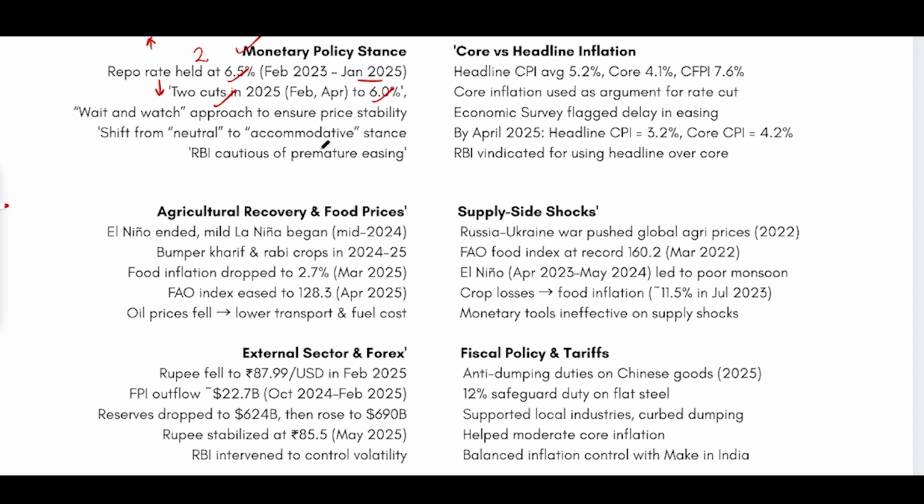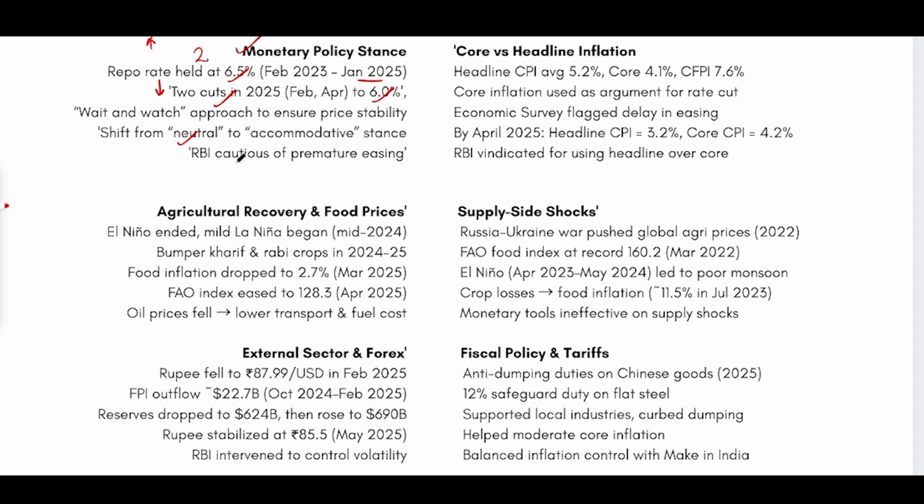Alongside the April cut, the RBI changed its policy stance from neutral to accommodative, signaling that further easing was on the table amid improving inflation metrics. So basically, you can predict that if the RBI says it is accommodative, future decisions are also likely to be in the same direction.